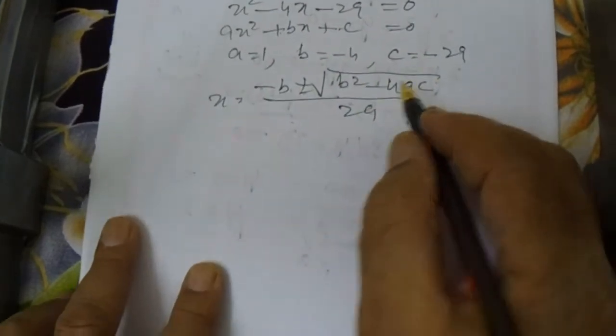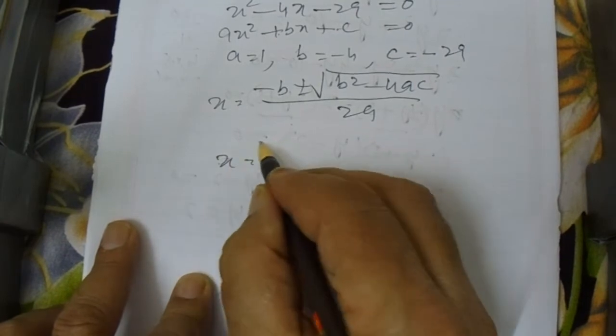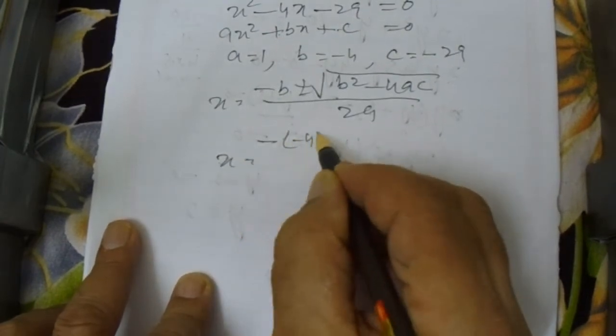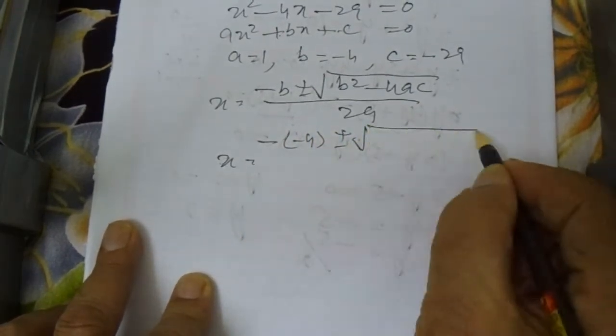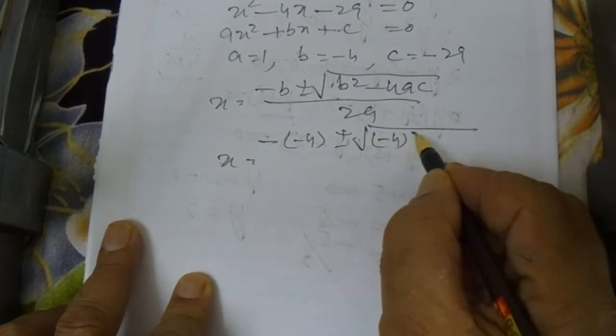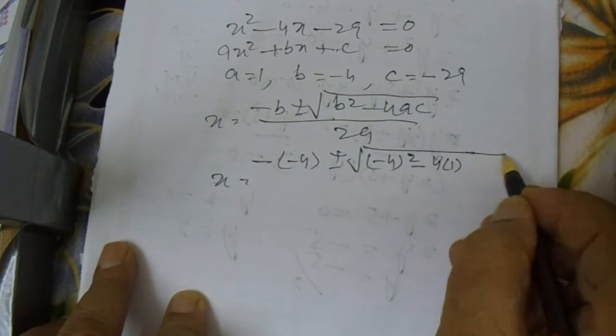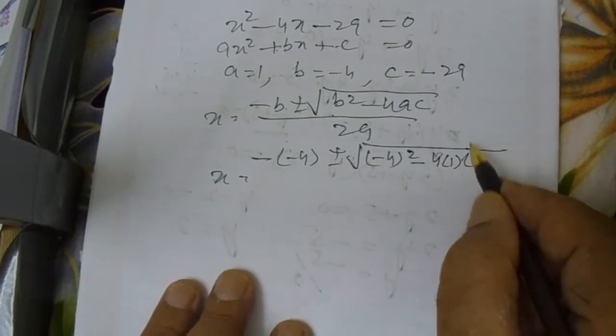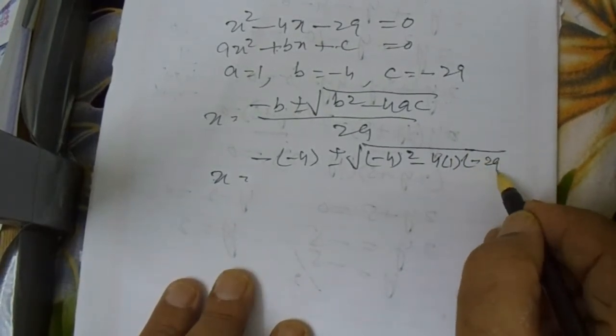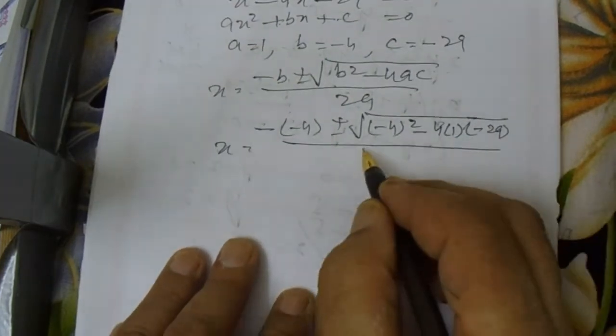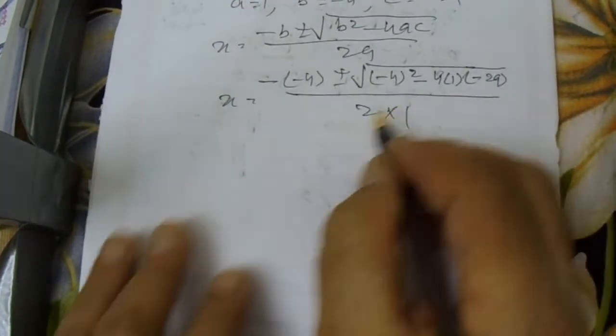Now putting all these values, we get minus of minus 4 here, plus minus square root of minus 4 square minus 4ac, minus 4 into 1 into minus 29. This is the value of c, 29, over 2a, and 2 multiplied by 1 here.